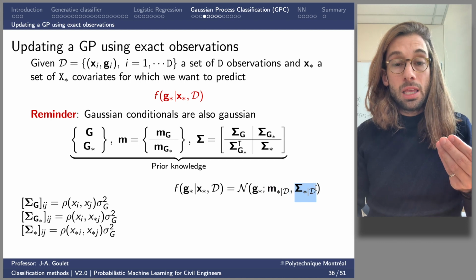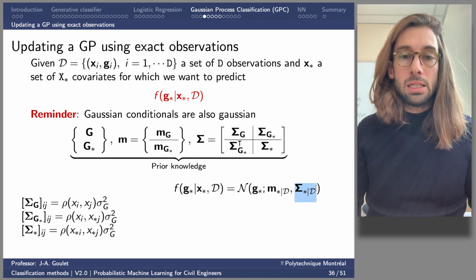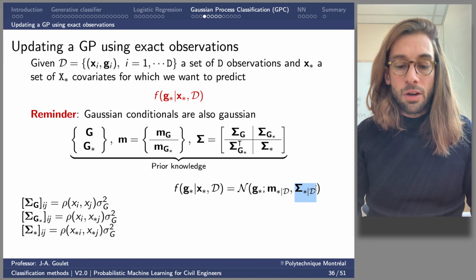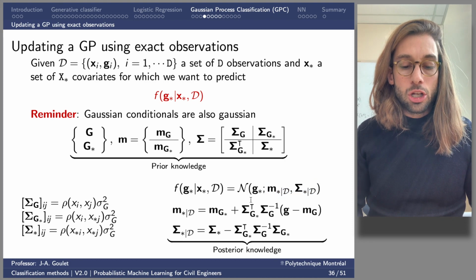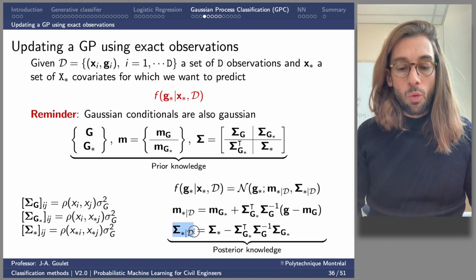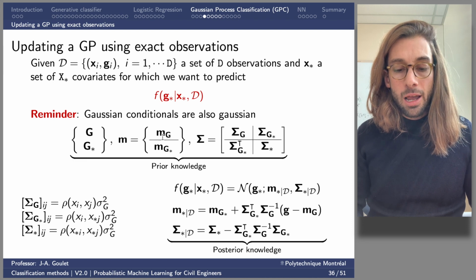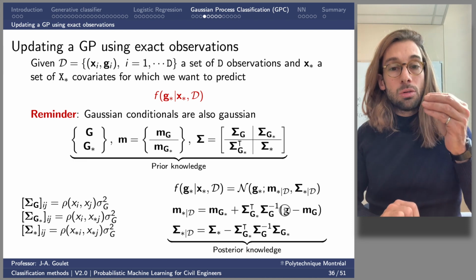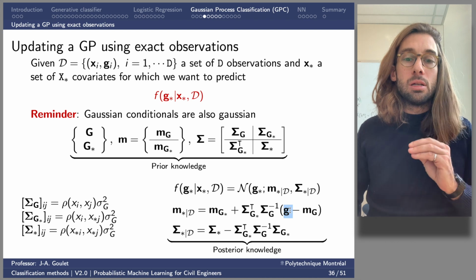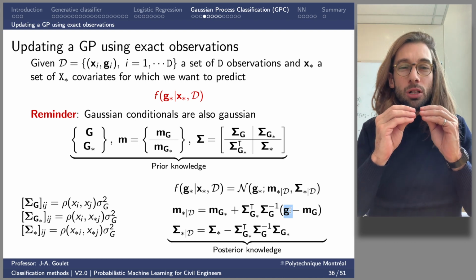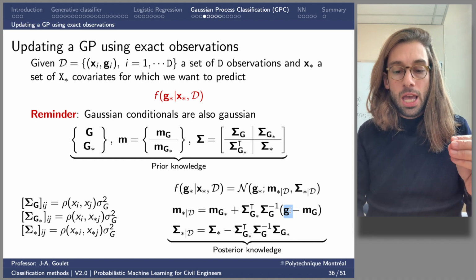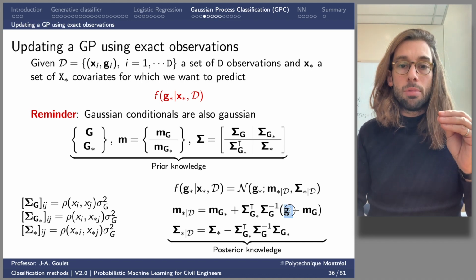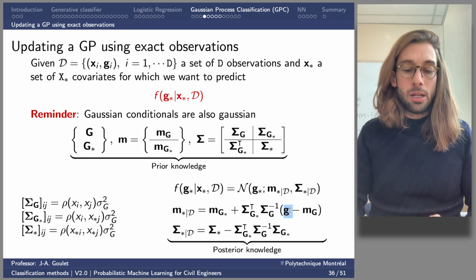Here the key strength is that in the Gaussian case, we can make the analytical inference for these two quantities, the mean vector and the covariance matrix, where all the terms in here have been defined, and where J are our actual observations of the system response. Keep in mind, we're still reviewing the context of Gaussian process regression. So here G is a quantity which is a real number, between minus infinity and plus infinity.